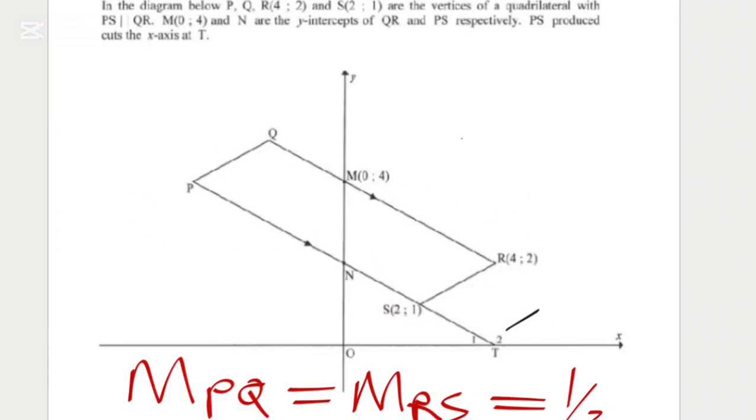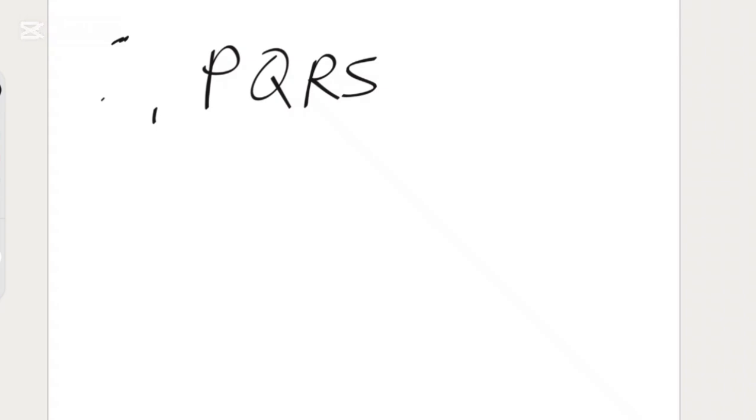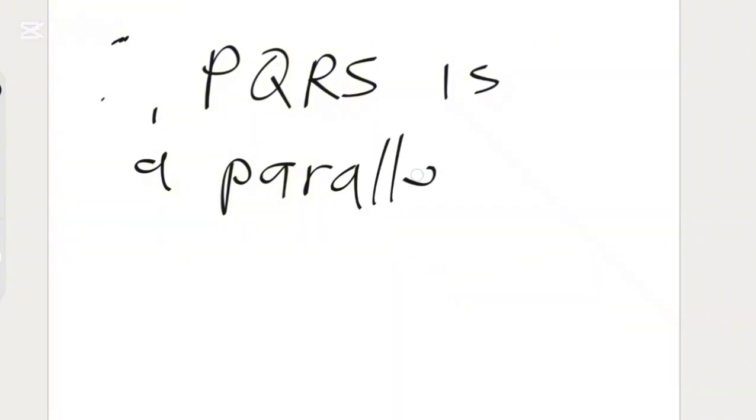So this line will be equal to this line. Therefore, PQRS is a parallelogram.